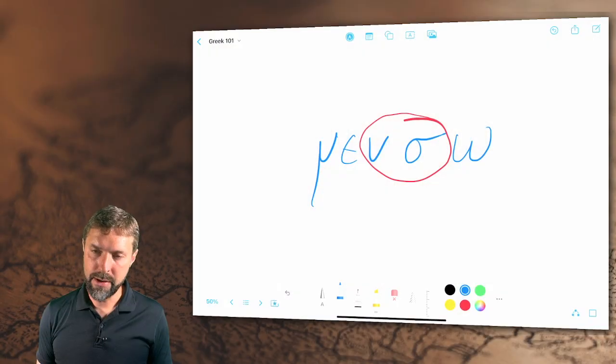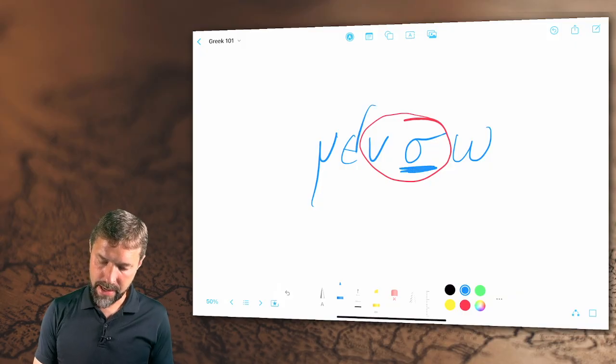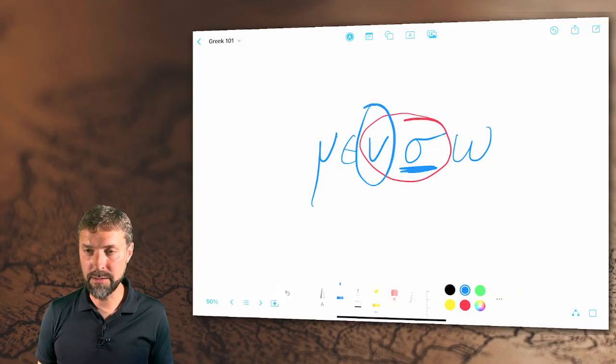Those kind of dynamics in how we say things or how we prefer to say things or what we feel comfortable with when we put sounds together, that's a pattern with languages, and it is so also with Greek. Specifically, as I've said now, the conflict between sigmas and liquid consonants.